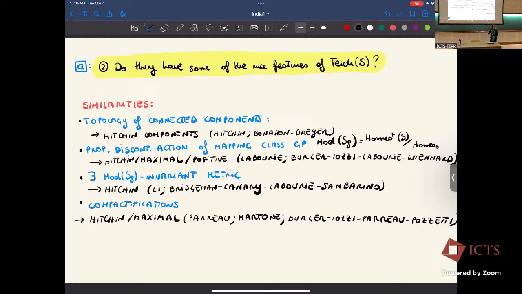You have some mapping class group invariant metrics. We discussed a lot of metrics in the setting of Teichmüller space, and here there has been a lot of discussion: some metrics in some settings like SL3, and some maybe more general like the pressure metric.